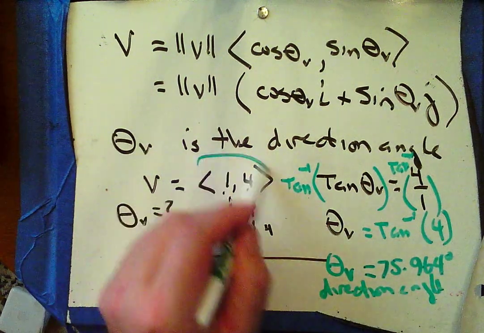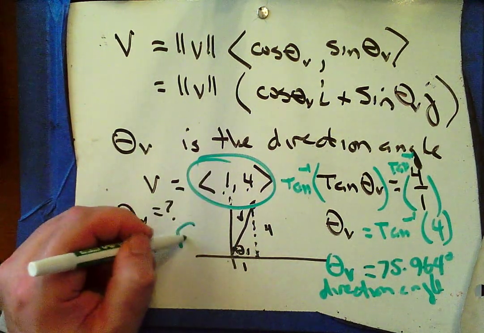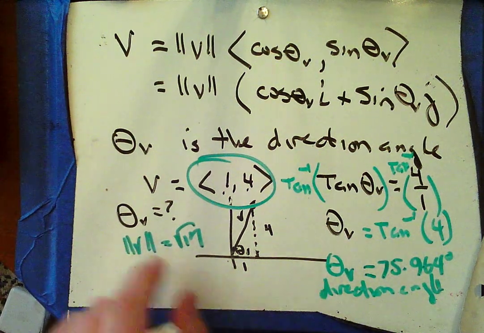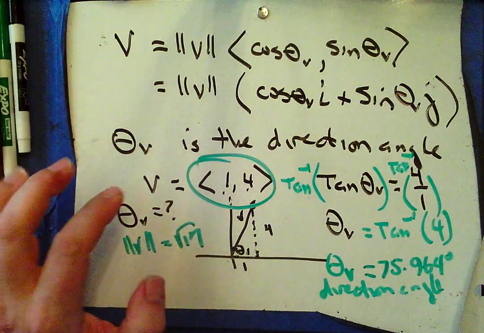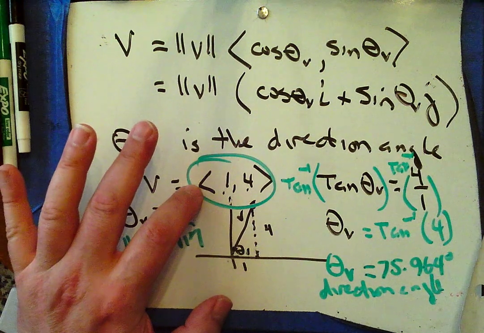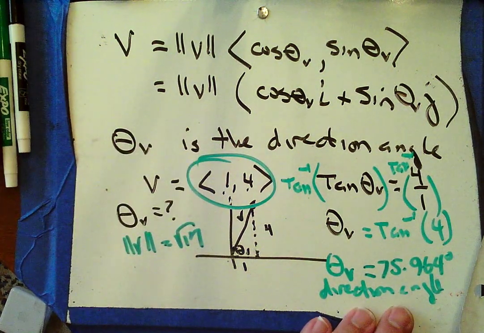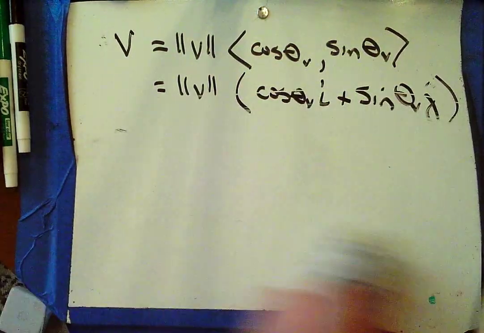And again, we can find the magnitude of v simply by doing the Pythagorean theorem. So there are these three elements that show up a lot, especially in word problems. Those are the component or special unit vector form of the vector, the magnitude of the vector, and the direction angle of the vector.